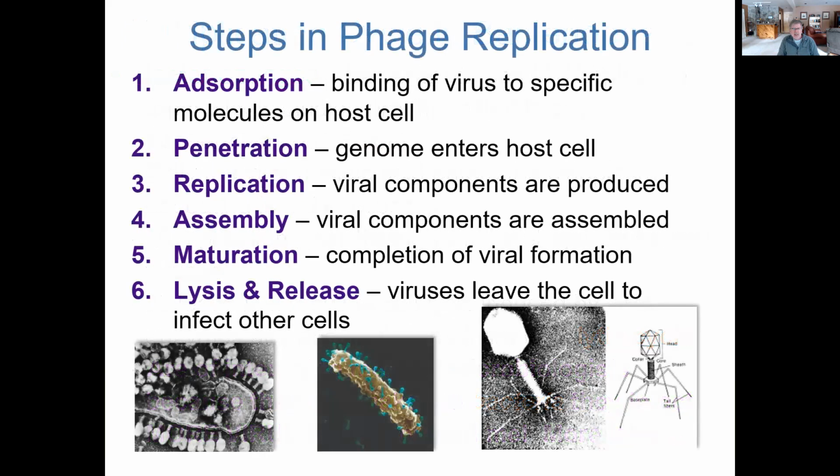So let's talk a little bit about the different steps or stages that phage will undergo as it replicates within a bacterial cell. And these 6 steps that you see here should look familiar to you. They're very similar to the steps we talked about in the previous lecture with respect to viral biology. But there's a couple of little differences here that we're going to speak to.